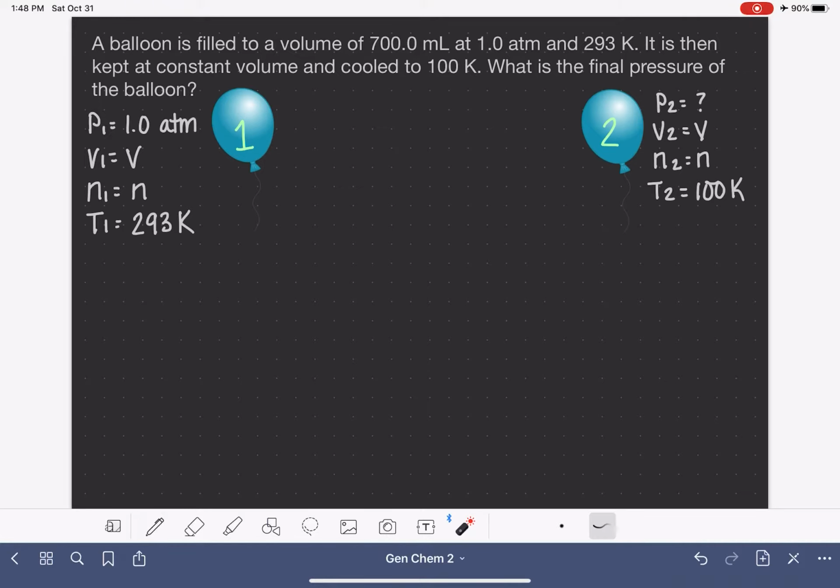This is true anytime we have a variable that does not change from the initial conditions to the final conditions. First, we don't have to know what that variable is numerically. And second, we don't have to use any 1 or 2 subscripts with it.